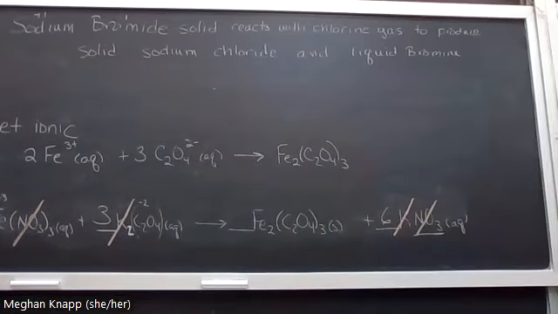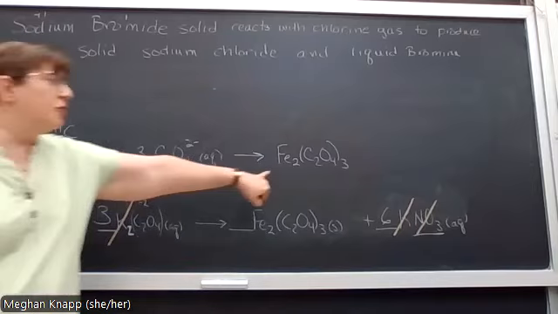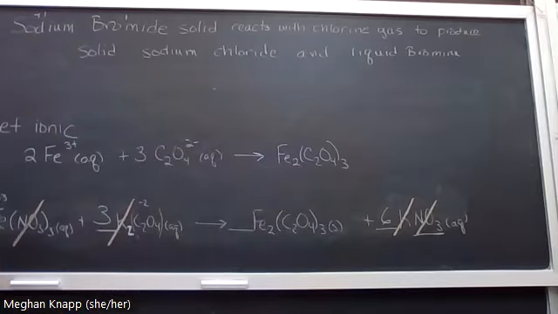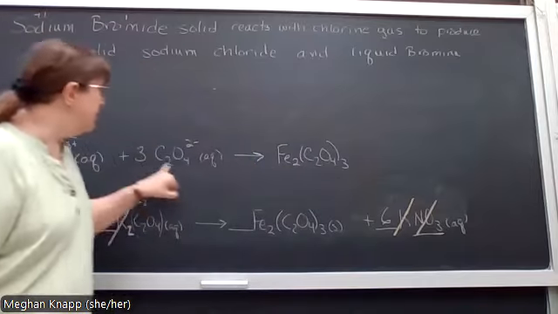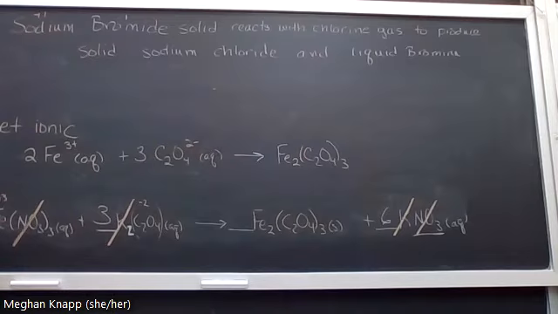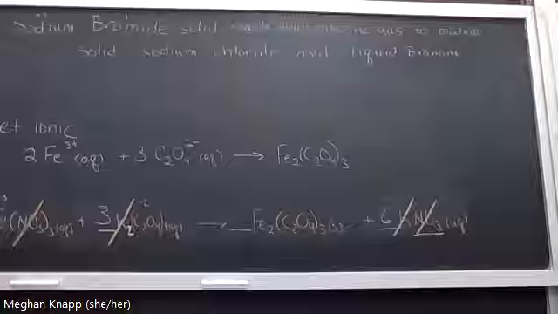Now notice I said iron 3 oxalate, even though there's a 2 here, because that 3 tells me the charge of the iron. And it should be balanced. 2 irons, 3 oxalates, 3 oxalates. Okay, that's how we can get to our net ionic equation.